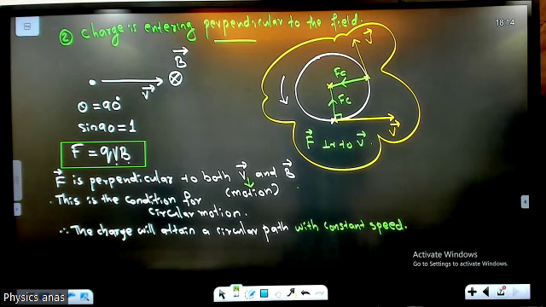Completed? Have you shown the condition for circular motion on the right side of the notebook? Is it complete, Joseph? What about you guys?